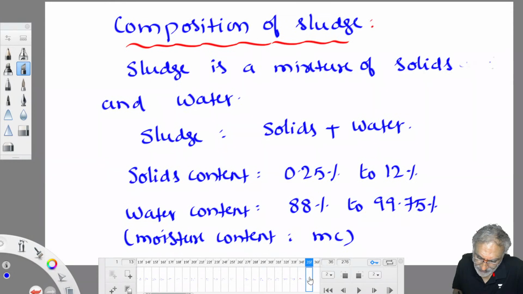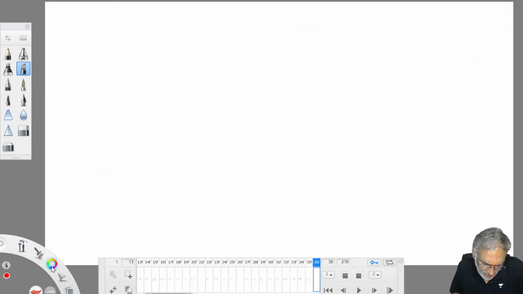Okay? Remember, they also ask questions on this in competitive exams. If you see the sludge family tree, you will understand why it is dangerous. The reason why it is dangerous is because of solids.